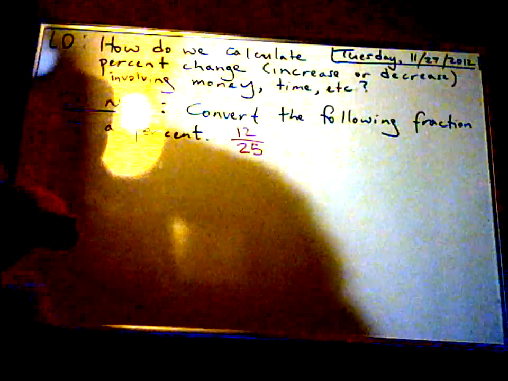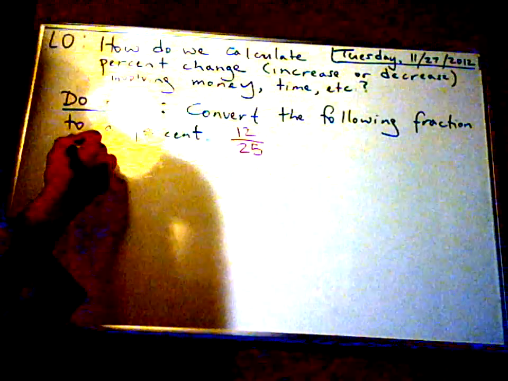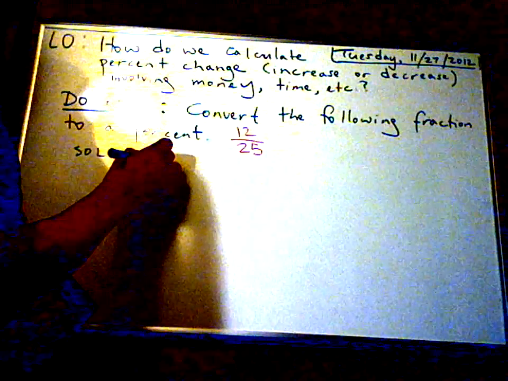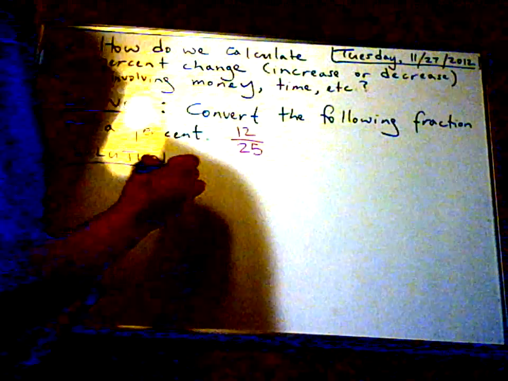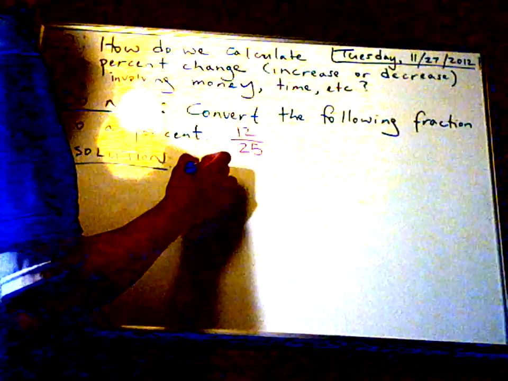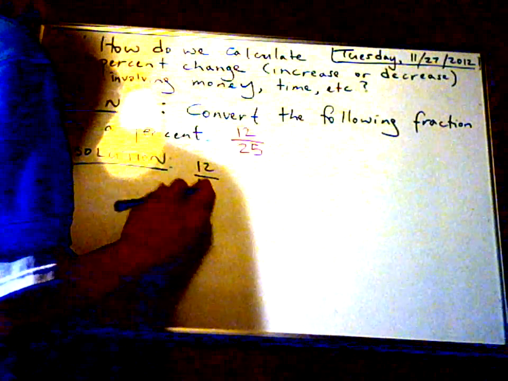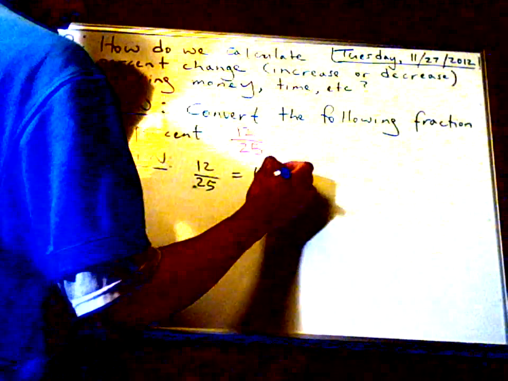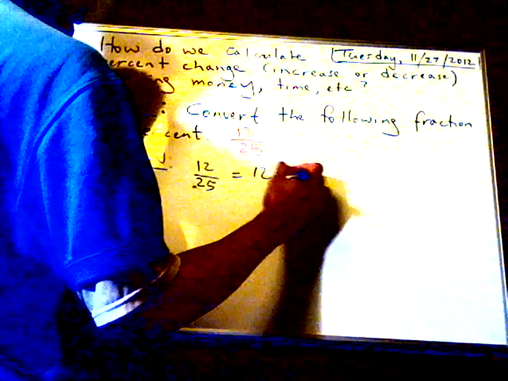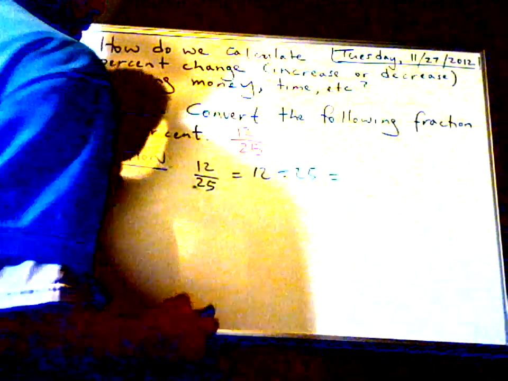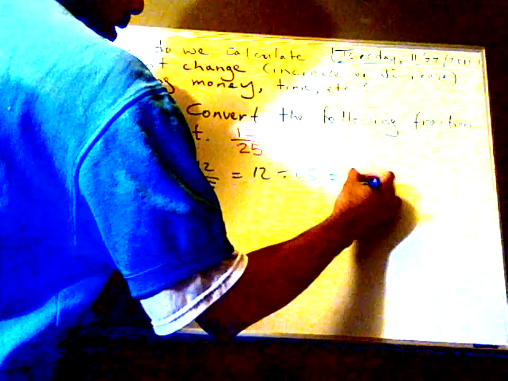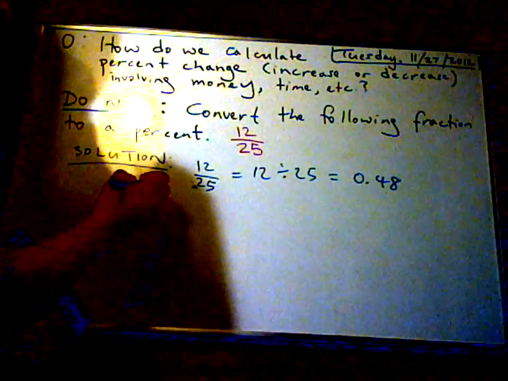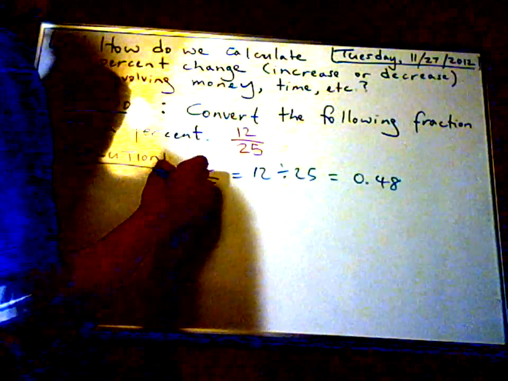Alright, so solution. Like we saw yesterday, you can take 12 out of 25 and literally write it as 12 divided by 25, which becomes 0.48. So that's step one.